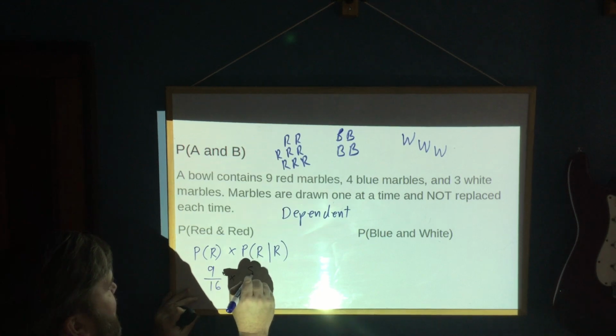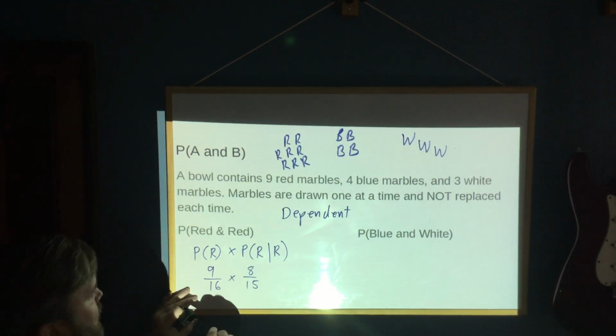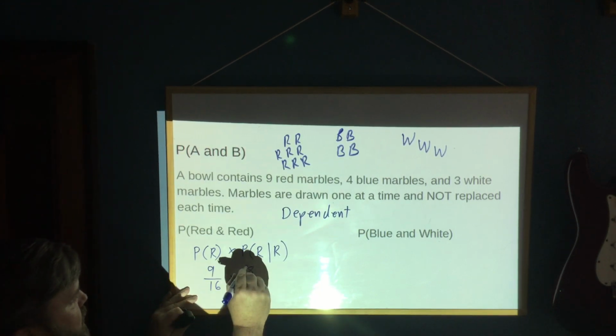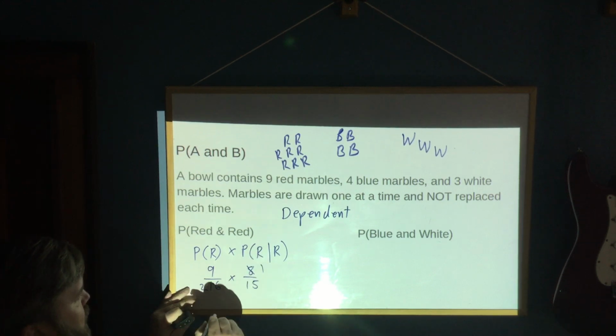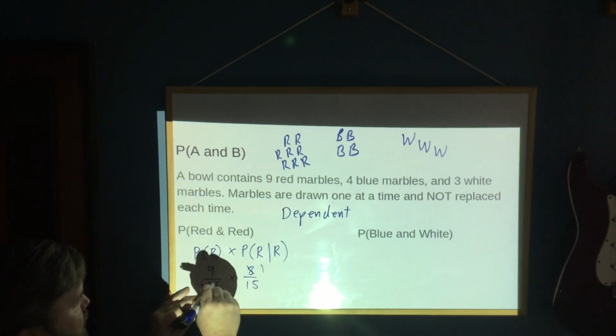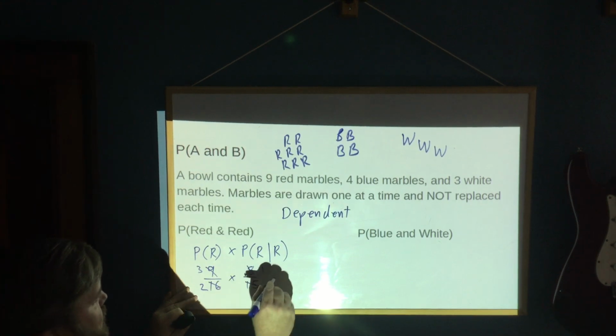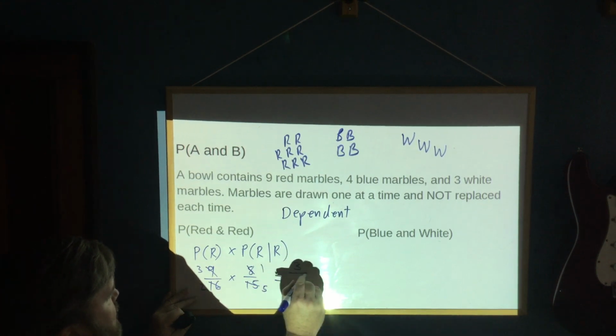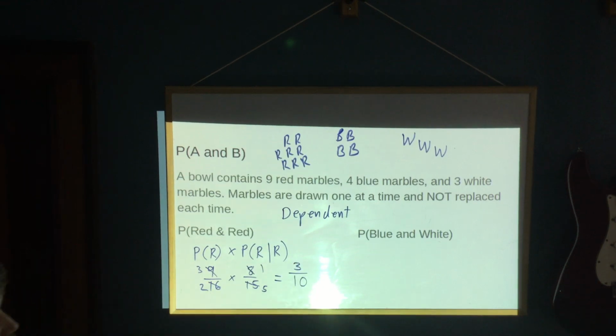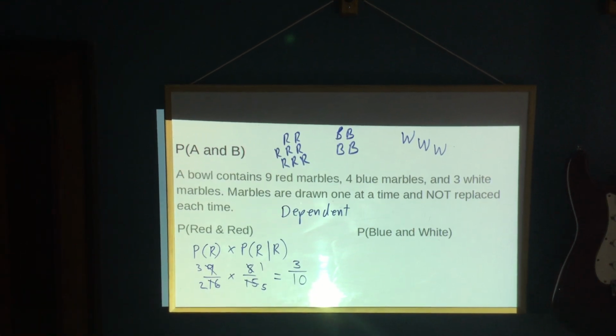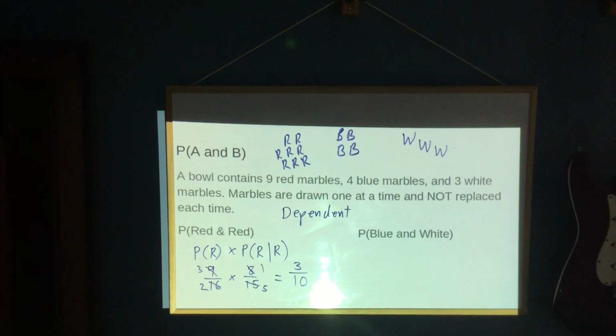So that would be 8 out of 15. Okay, 8 and 16 reduce to 1 and 2. 3 goes into both of these, so that's going to reduce to 3 and 5. So we get 3/10. So the probability that you draw 2 red marbles without replacement is 3 out of 10.